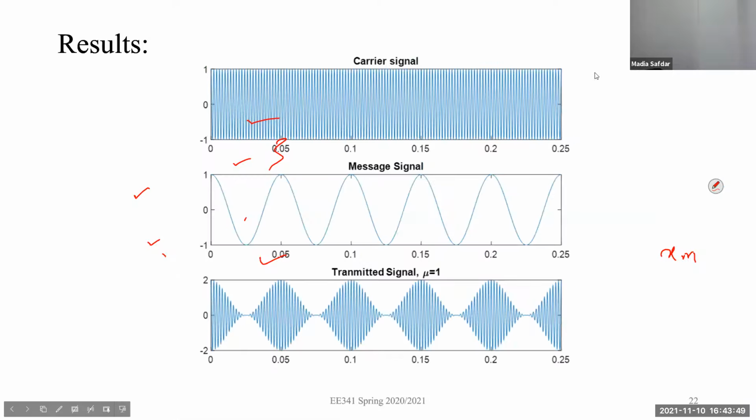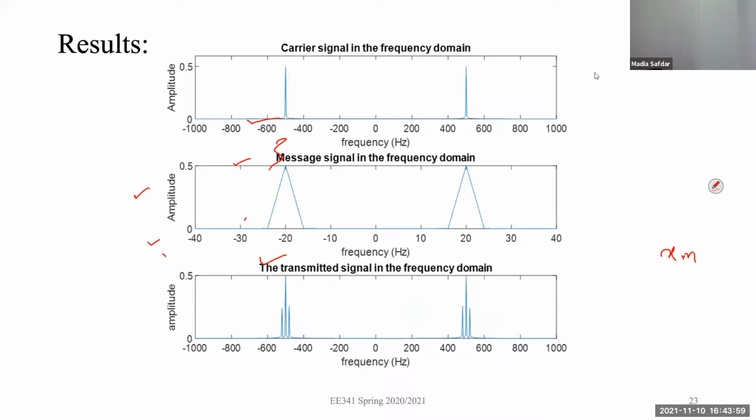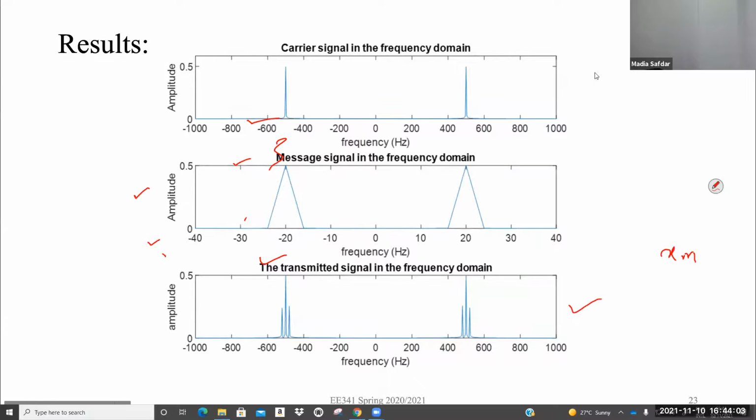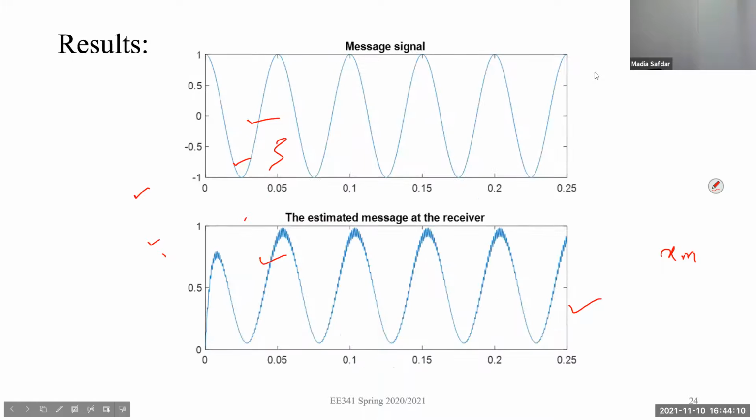So I will get these three figures for the time domain: carrier, message, and then modulated signal. Then this is the Fourier transform. Looking at the modulated signal, what is the difference between the previous lab and this lab?